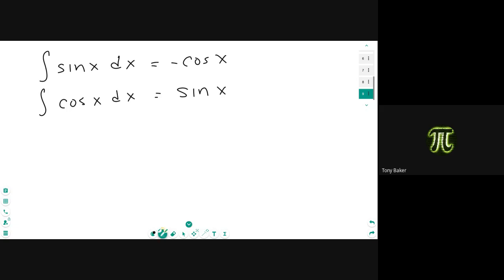Let's see. It's the integral of tangent x.